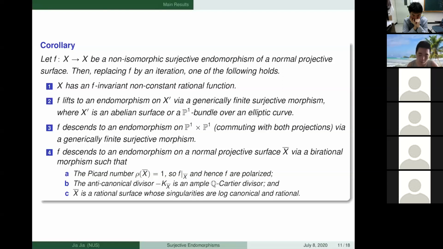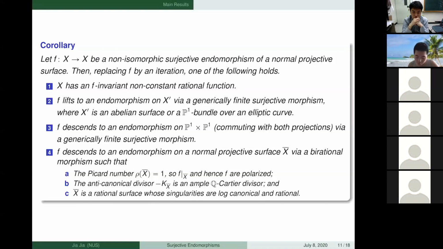We know the abelian surface case is proved by Ghioca, Scanlon, and Satriano, also by Junyi Xie. So we need only focus on the P1 bundle case. This P1 cross P1 is a trivial P1 bundle. The other one is the Picard number 1 case.